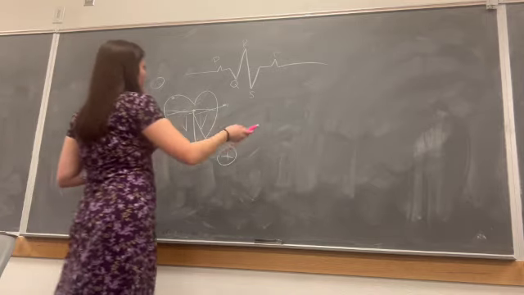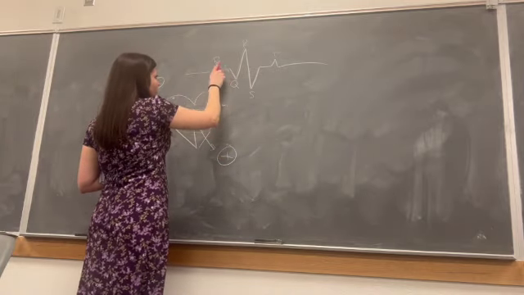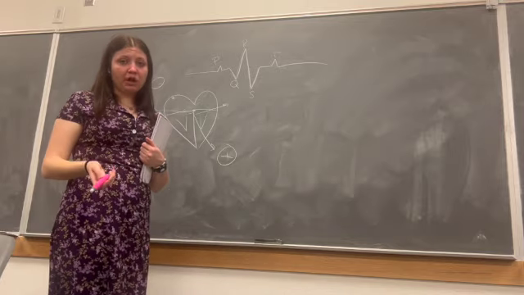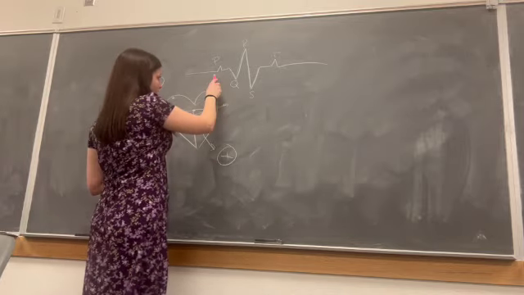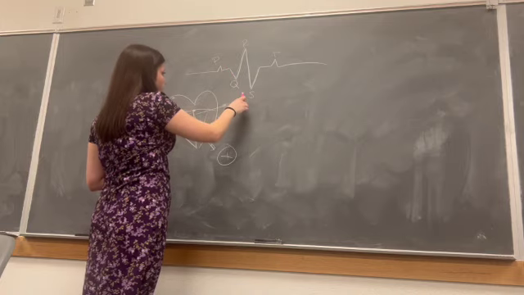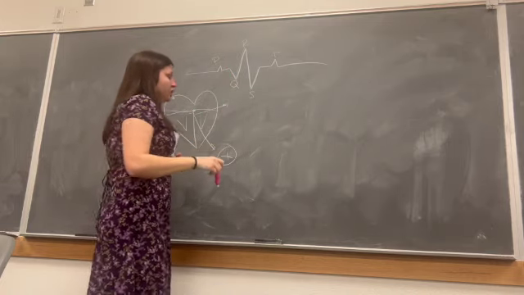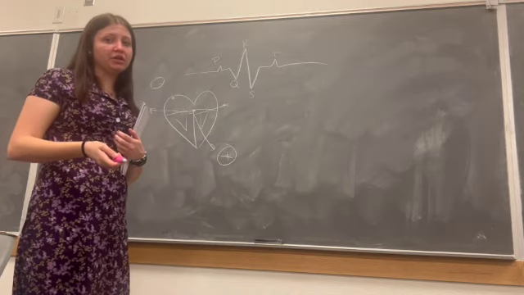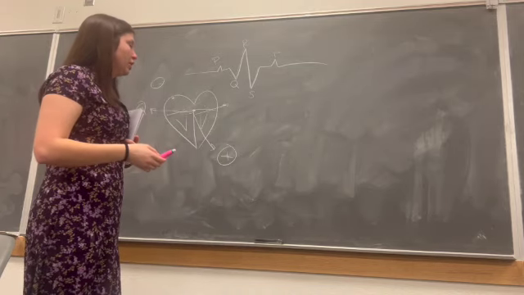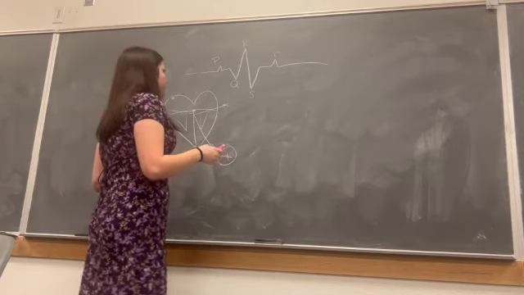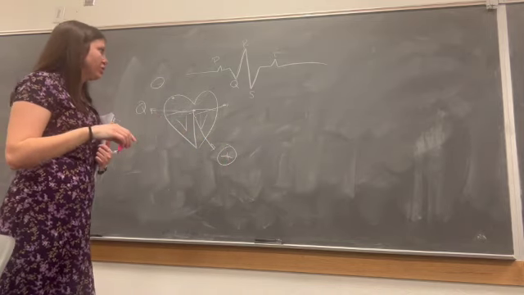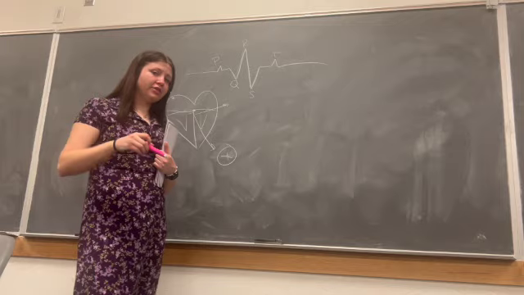Both the P wave and the QRS complex describe depolarization. This one is depolarization of the atrium, and this is depolarization of the ventricles. But the T wave is talking about repolarization of pretty much the ventricles, really. There technically is a wave that describes the repolarization of the atrium.